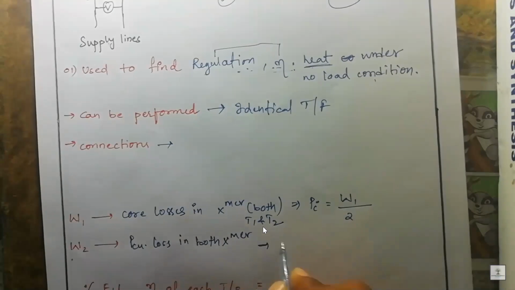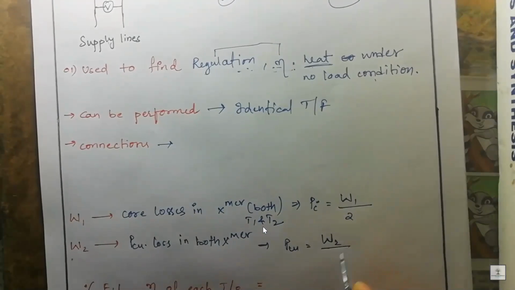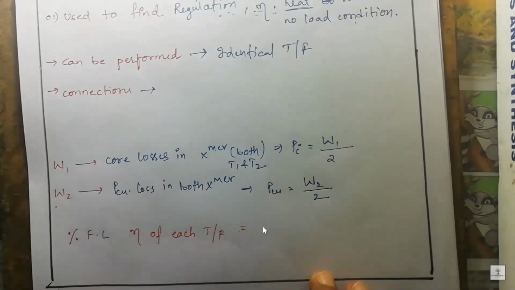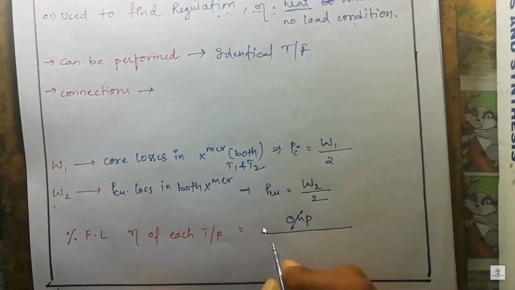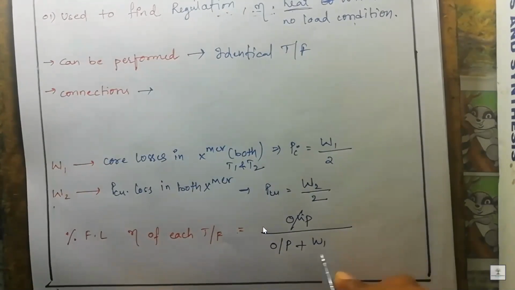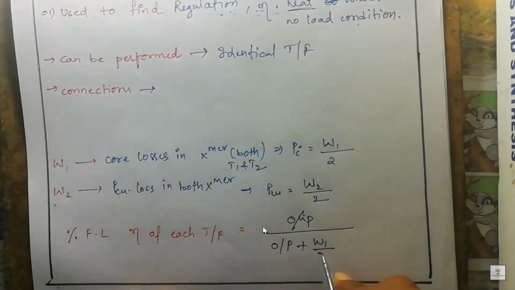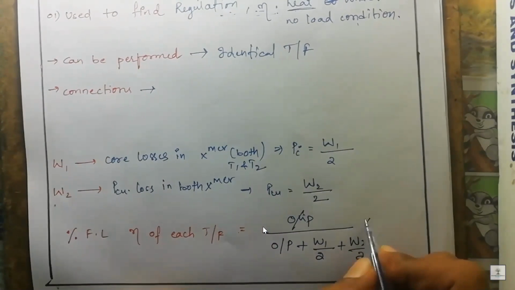Similarly, per transformer, Pcu will be W2 by 2, and we know that efficiency is output by input. So I am writing input as output plus W1 by 2 plus W2 by 2, into 100.